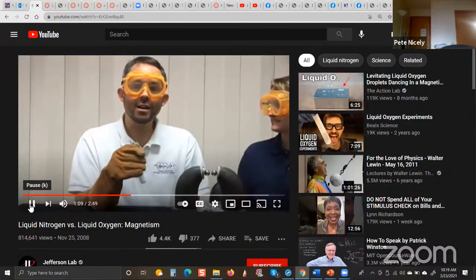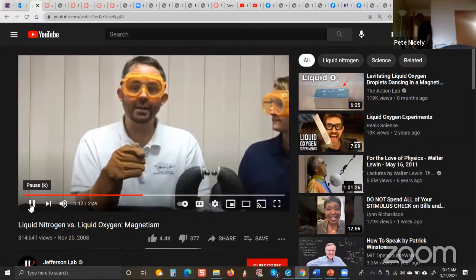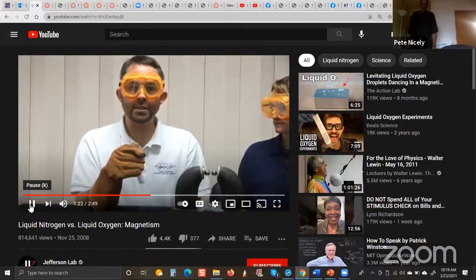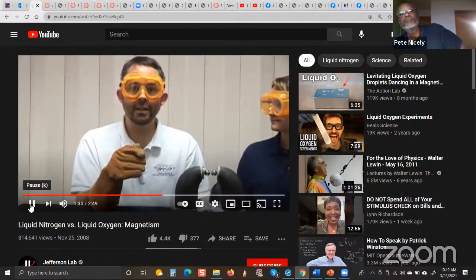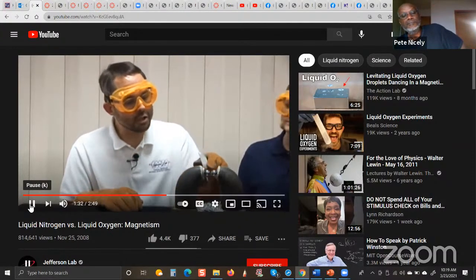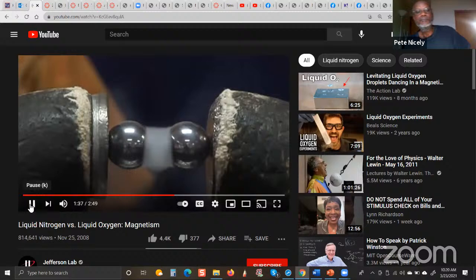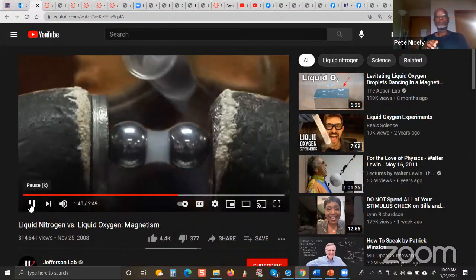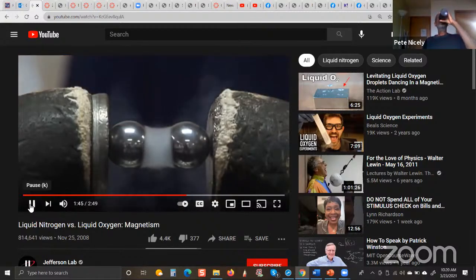Just like nitrogen, oxygen isn't normally magnetic. And just like nitrogen, each molecule of oxygen behaves like a tiny magnet when it's exposed to a magnet's magnetic field. Oxygen behaves differently than nitrogen, though. The way oxygen behaves is called paramagnetism. That's a fancy way of saying that each molecule of oxygen is attracted to a magnet's magnetic field. So, when I pour the liquid oxygen between the poles of the magnet, it sticks. And we can even make a little bridge out of liquid oxygen that'll stay there until the oxygen finally boils away.